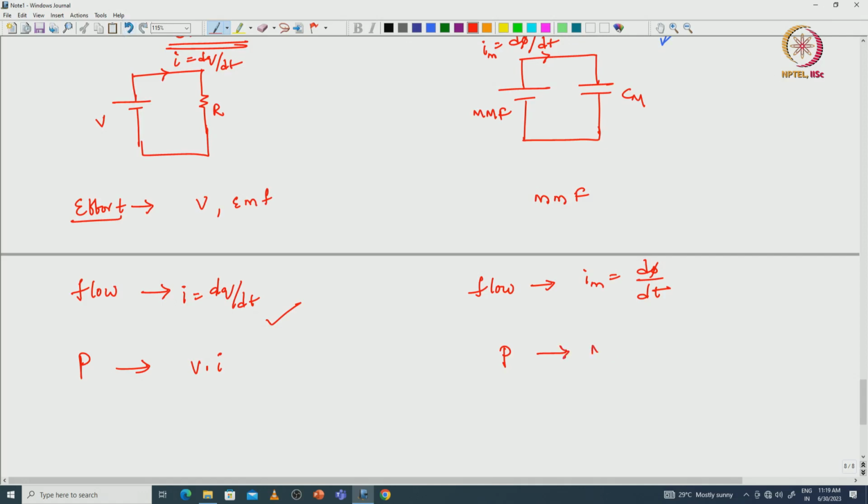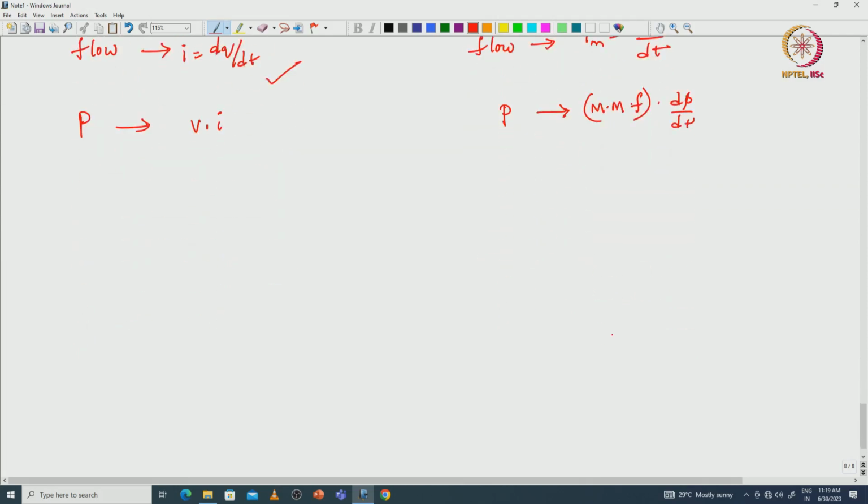into d phi by dt. Okay. The resistance, if we represent it at the electrical side, is V by I as per Ohm's law, or power divided by I square, anything we can utilize.